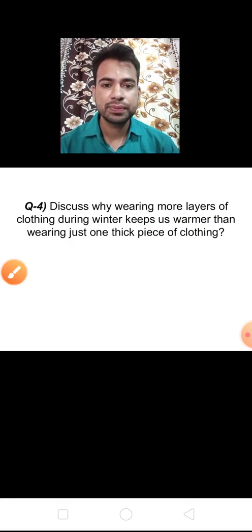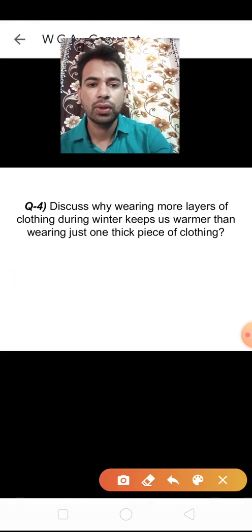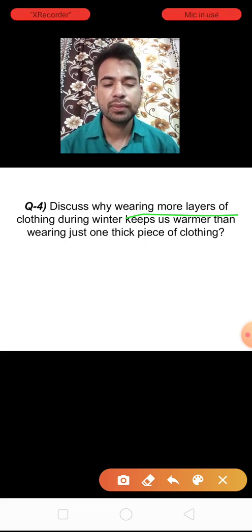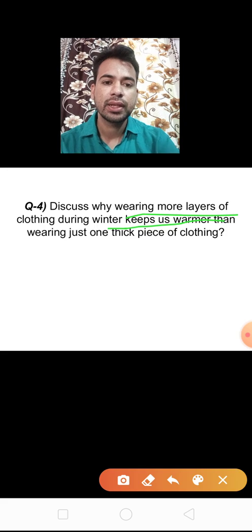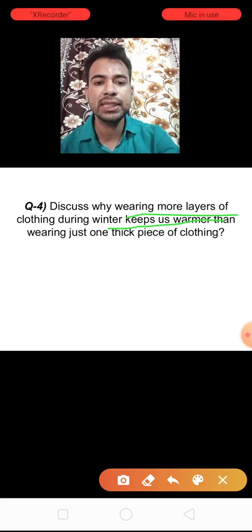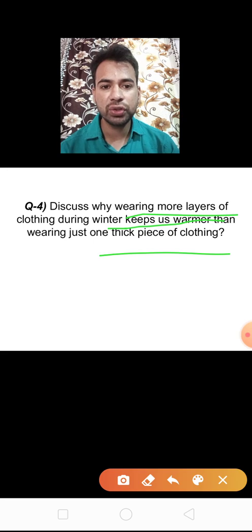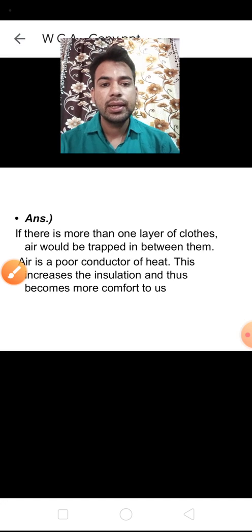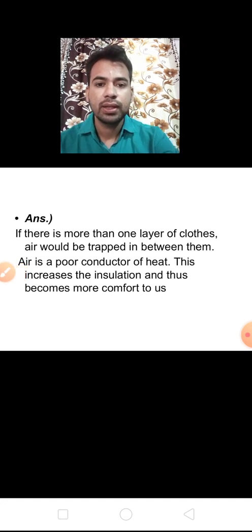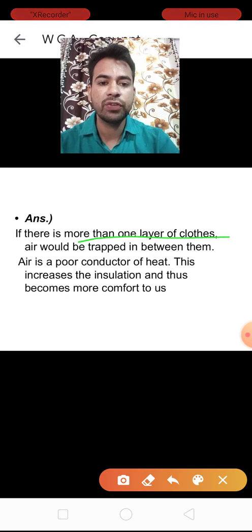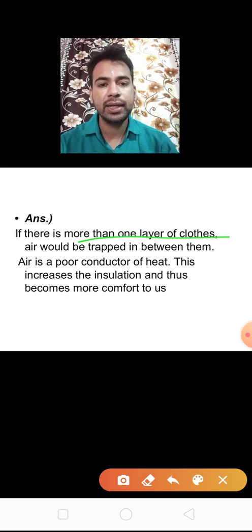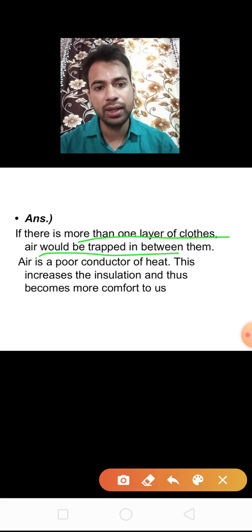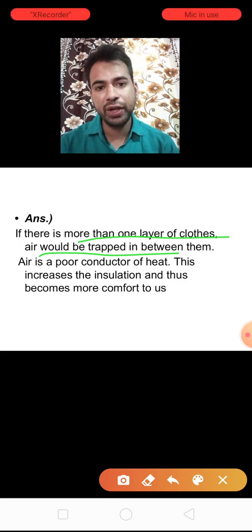Next, number 4: discuss why wearing more layers of clothing during winter keeps us warmer than wearing just one thick piece of clothing. So children, the answer is that in winter, if there is more than one layer of clothes, air is trapped in the clothes and we feel warm.